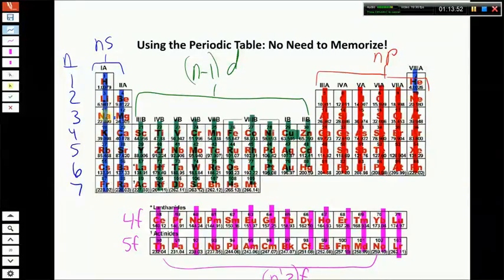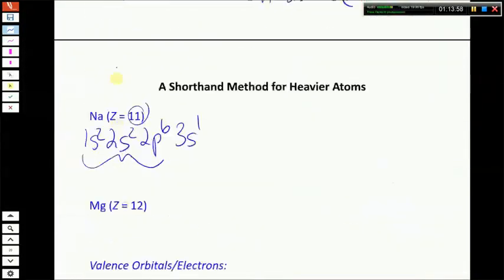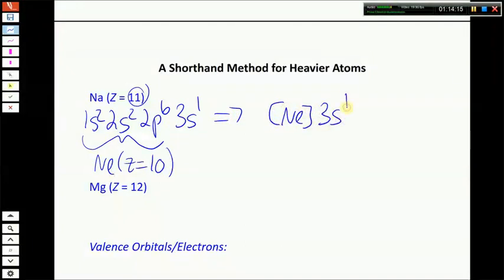So sodium is here, number 11. The noble gas that comes before that is neon. These first 10 electrons that we put in correspond to the neon configuration, Z equals 10. Instead of writing out this whole thing, which especially for heavier elements gets really, really long, we often just write it as this. We put these in brackets as just Ne, and then we only indicate the partially filled subshells that come after that, in this case 3s1.